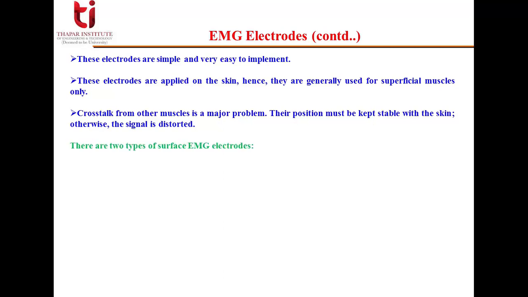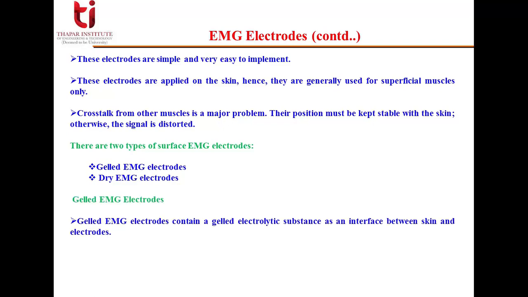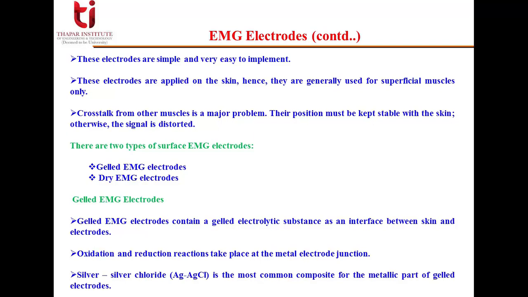Now, there are two further types of surface EMG electrodes: gelled EMG electrodes and dry EMG electrodes. Gelled EMG electrodes contain a gelled electrolytic substance as an interface between the skin and electrodes. Oxidation and reduction reactions take place at the metal electrode junction.